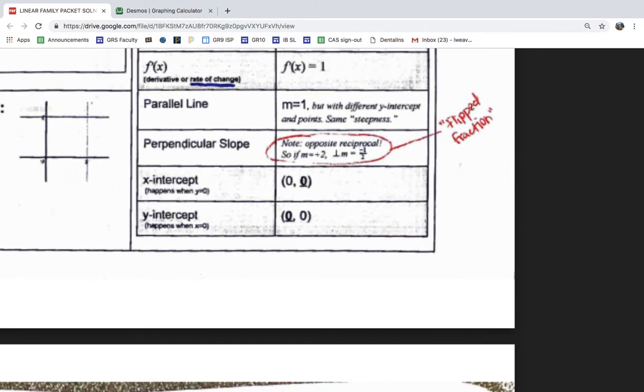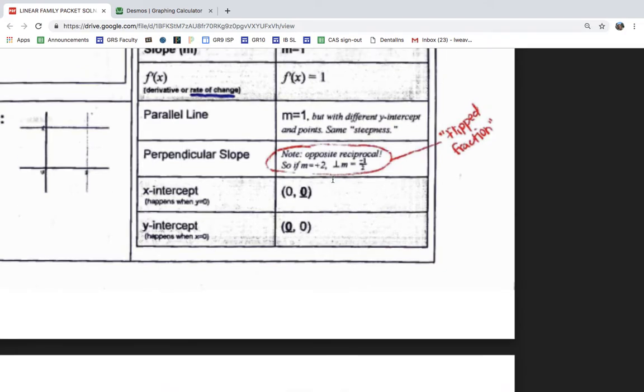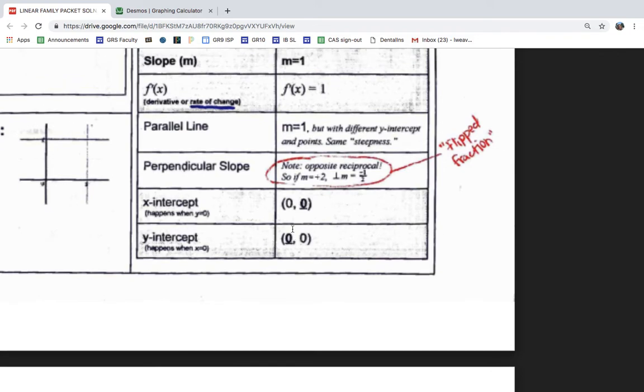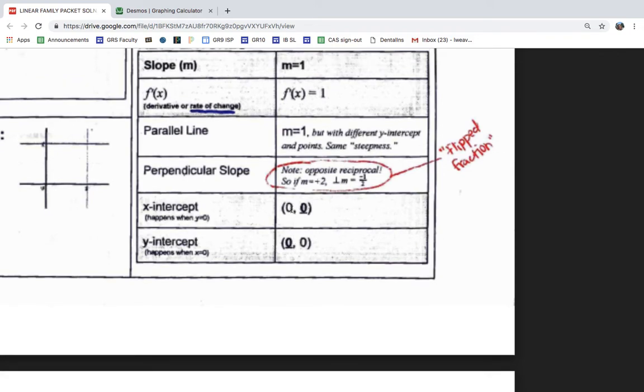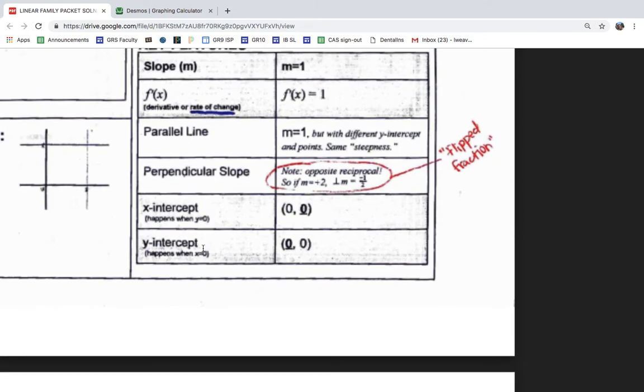Perpendicular, remember, that would be your flipped fraction. So if your slope was positive 2, for instance, the perpendicular slope would be negative 1 over 2, the flipped fraction. An x-intercept happens when y equals 0, and then the y-intercept happens when x equals 0. So those will help us find their values. We can substitute 0 in for y to find the x-intercept, or 0 in for x to find the y-intercept.